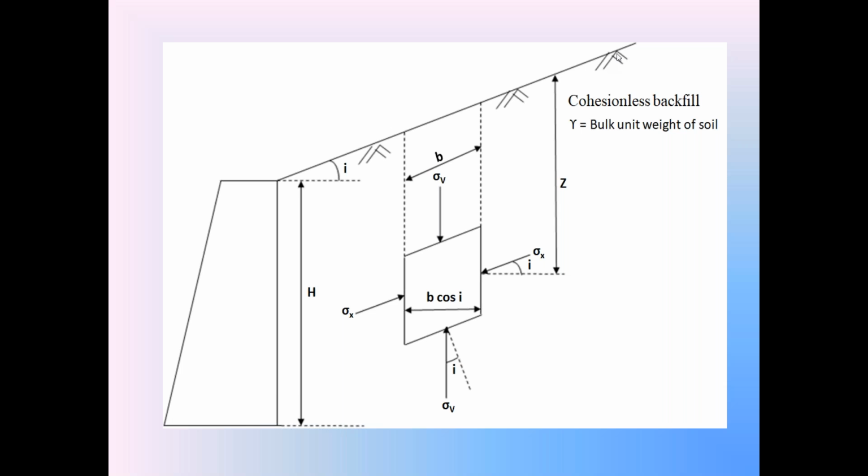If the backfill top surface behind the retaining wall is an inclined plane surface, what is the equation for the active earth pressure on the retaining wall, because of this sloped or inclined top surface of the backfill? So please everyone check the diagram, understand the difference between the previous conditions and this present condition.